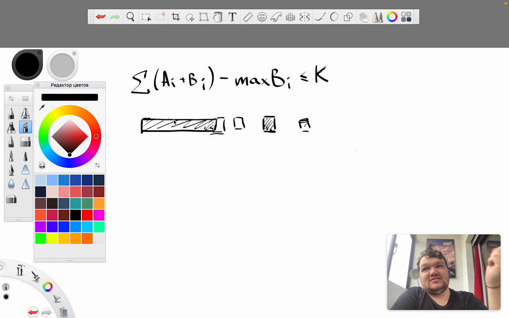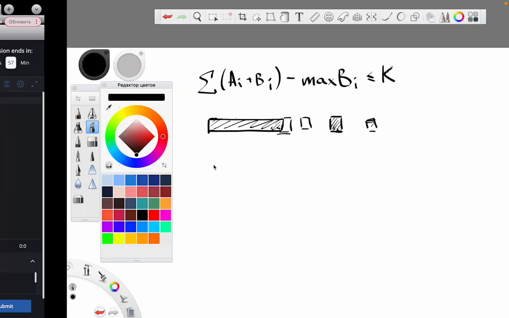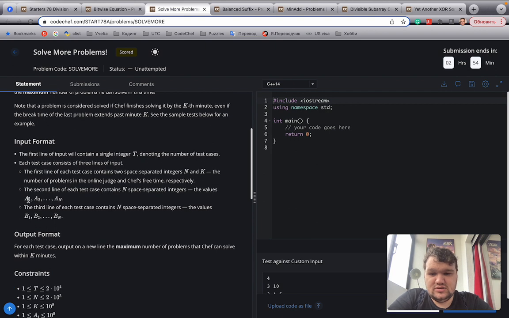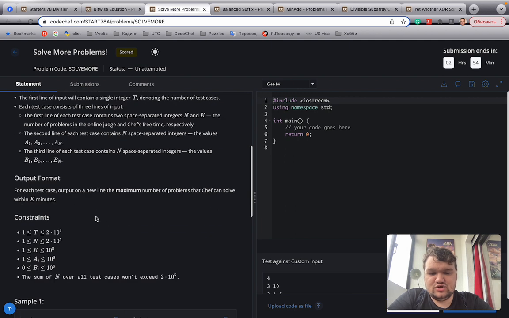You need to be careful, the chosen problem can be in the prefix too. So we need to carefully choose the largest prefix, but that shouldn't be that big of a problem. Alright, so we have A and B. We actually want to sort by A plus B, and we also need to know A for each problem.